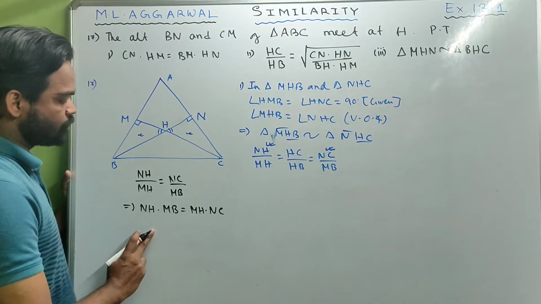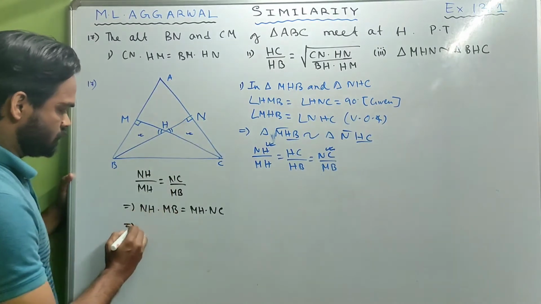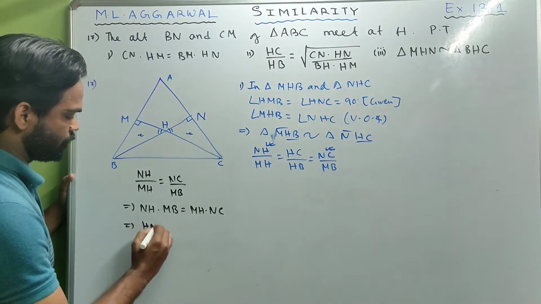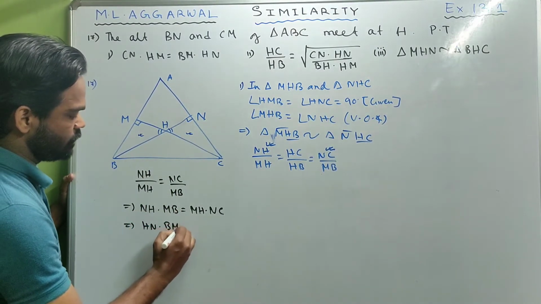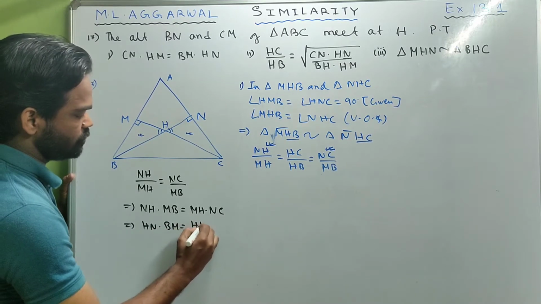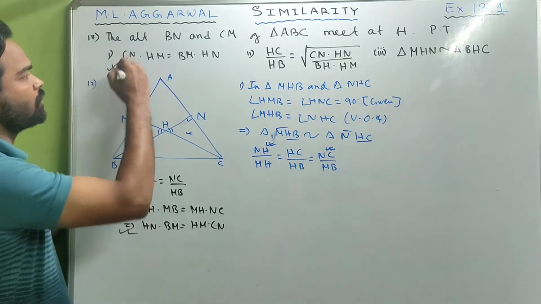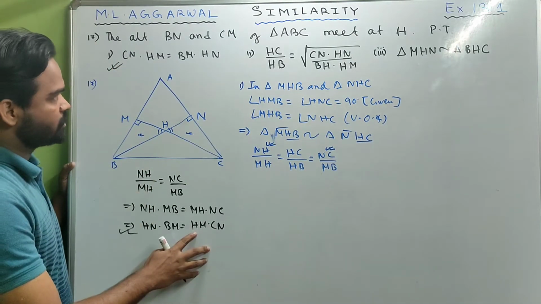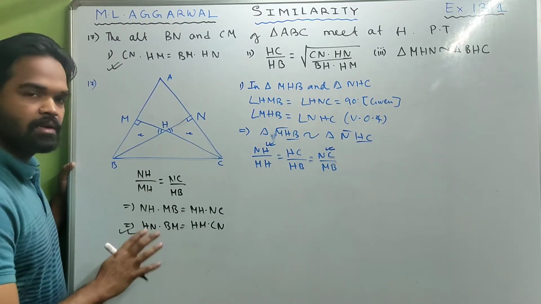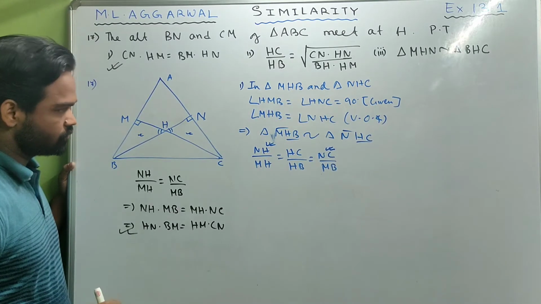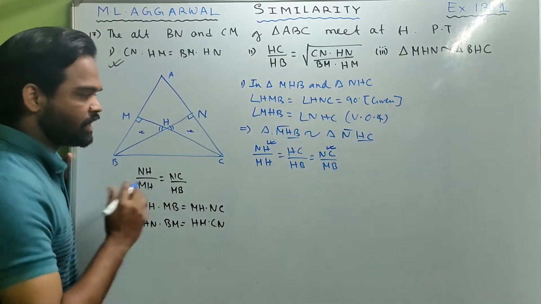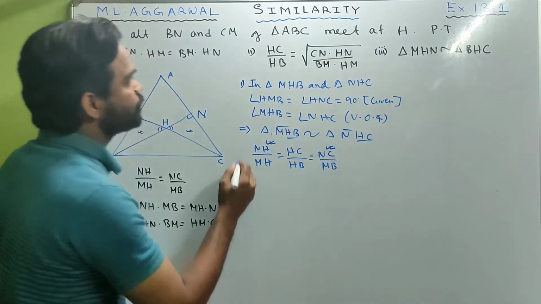This is what we are supposed to prove. I'll write HN, BM, HM, CN. Same thing. So this was the first part only. CN multiplied by HM is equal to BM multiplied by HN. Done. Now look at the second part, just look over here.